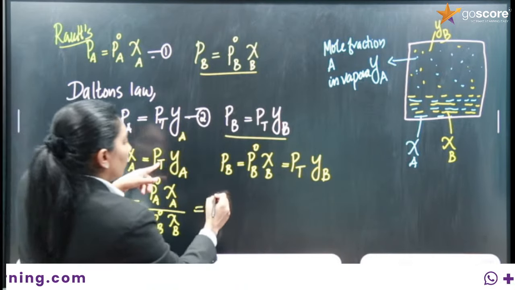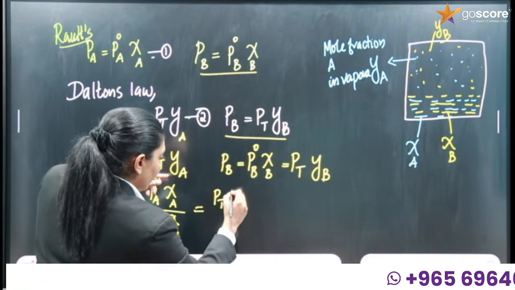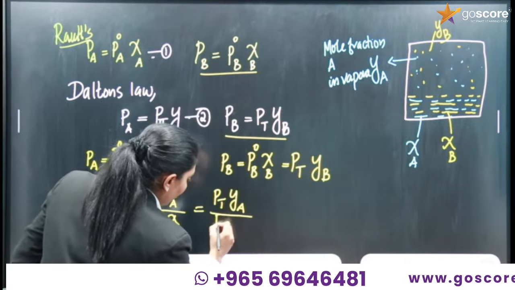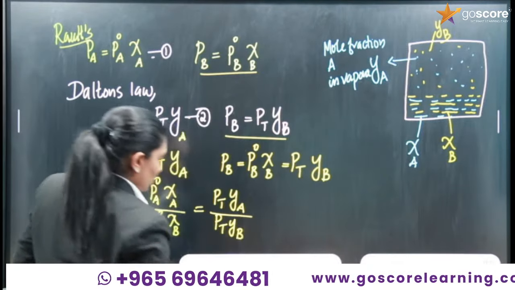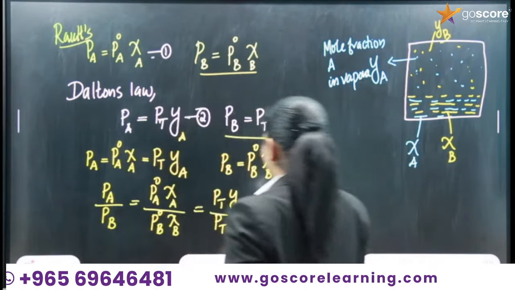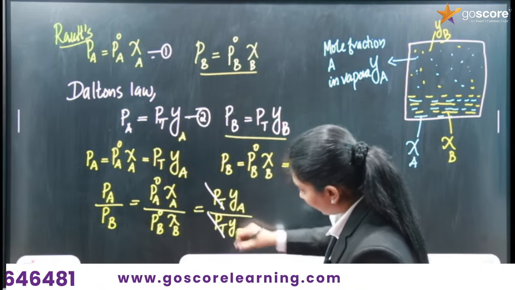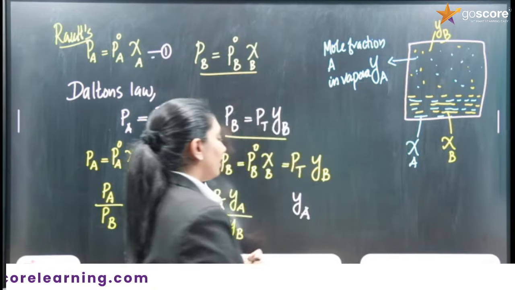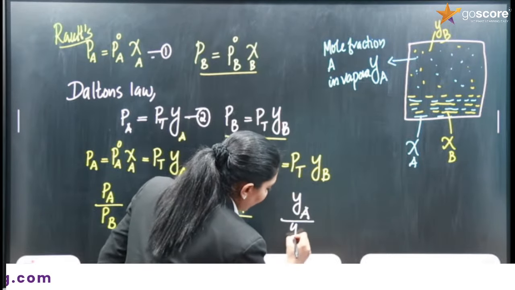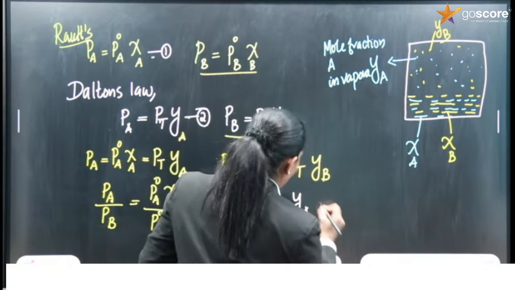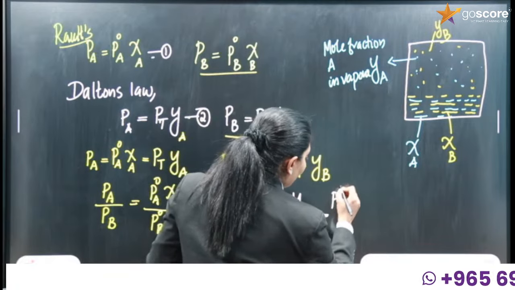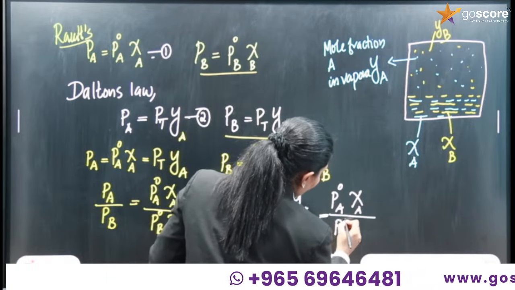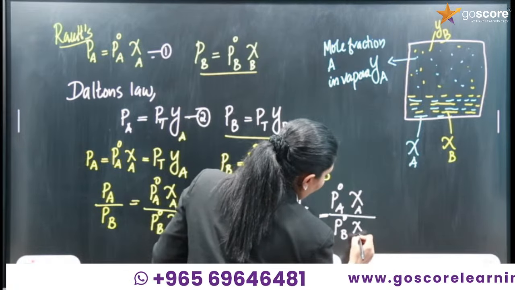Which is equal to total pressure PT into YA divided by PT into YB, right? So I can rewrite it like this. These two terms will get cancelled. So mole fraction of the component A in the vapor phase divided by mole fraction of component B in the vapor phase is equal to P naught A into chi A divided by P naught B into chi B.